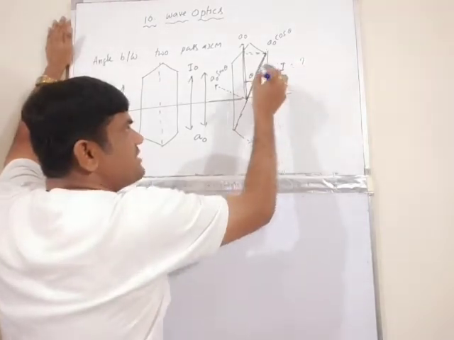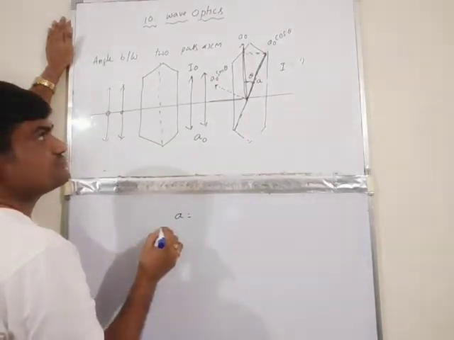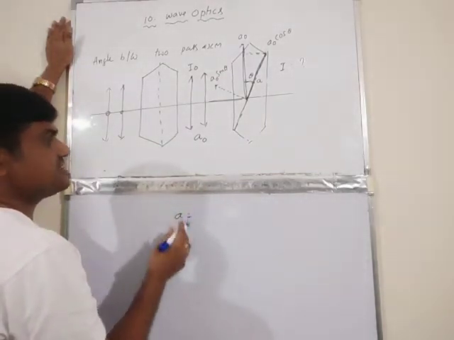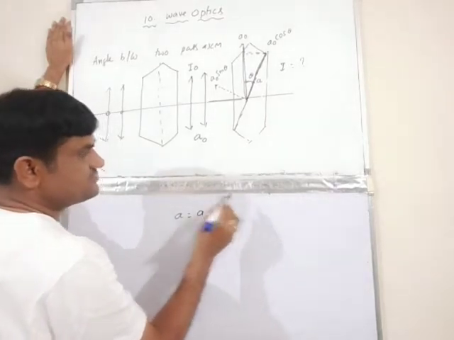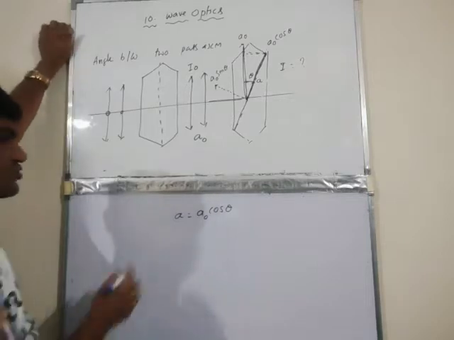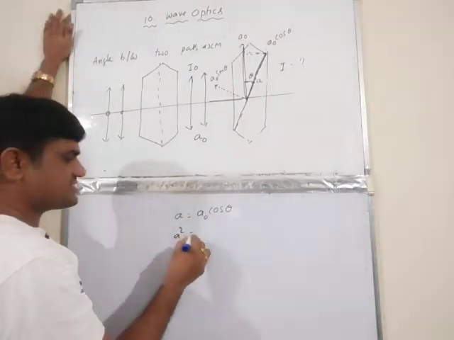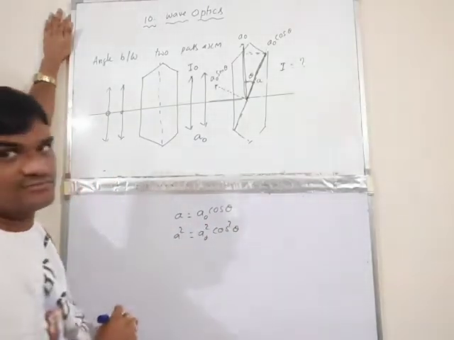I will call this amplitude A. Therefore A is equal to A naught cos theta, correct? Squaring on both sides, therefore A square is equal to A naught square cos square theta.